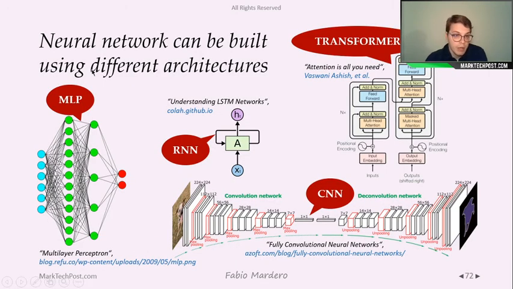There are several types of architectures of neural networks. For example, the multi-layer perceptron on the left side, the recurrent neural network here in the middle, the convolutional neural network on the bottom, and on the right we have the transformer, one of the new architectures of neural networks.